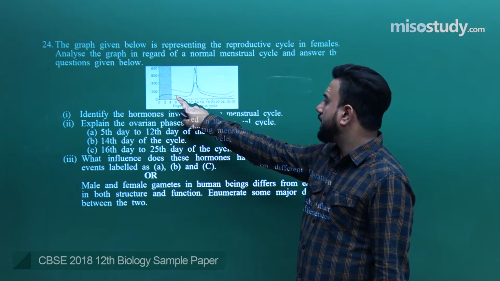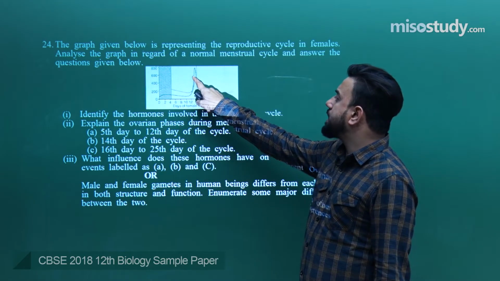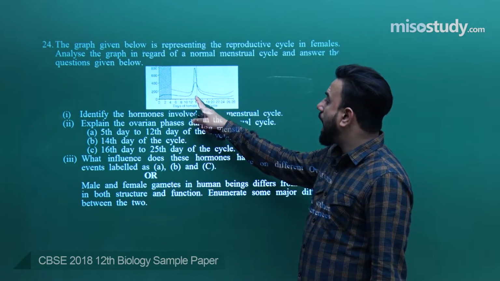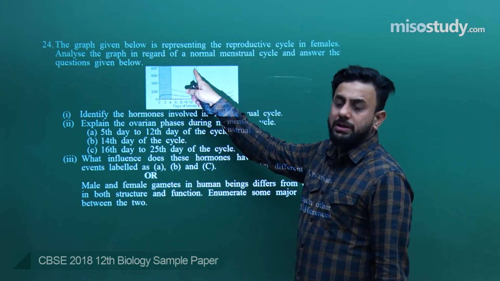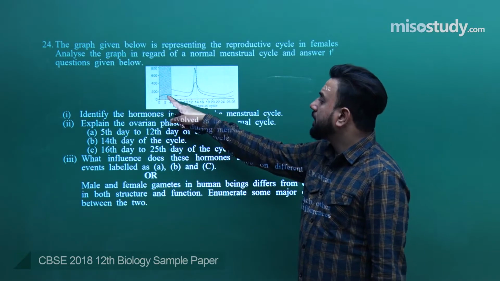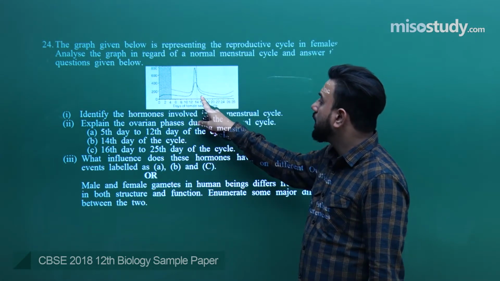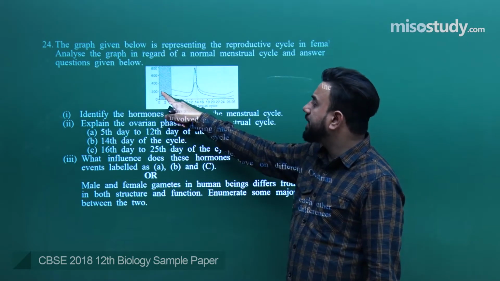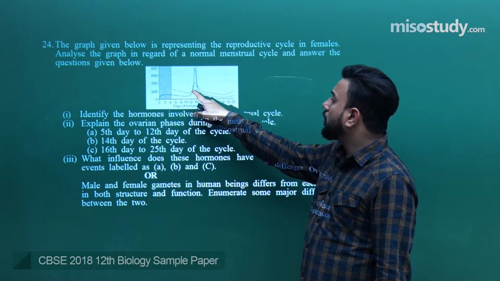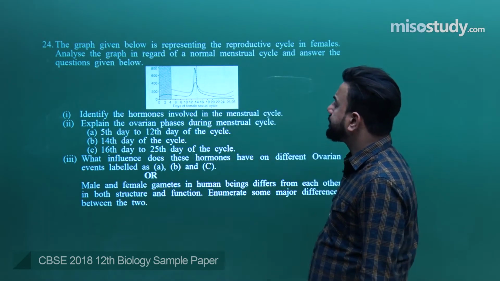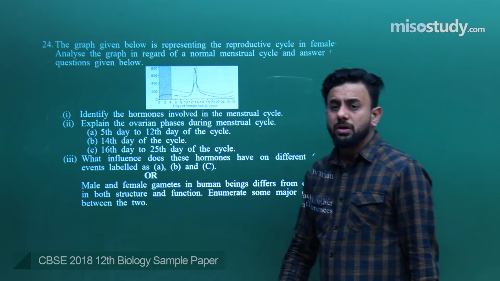This line is taking the peak at the 14th day, that is the mid of the cycle. And here you see that this line is coming here and then going like this.